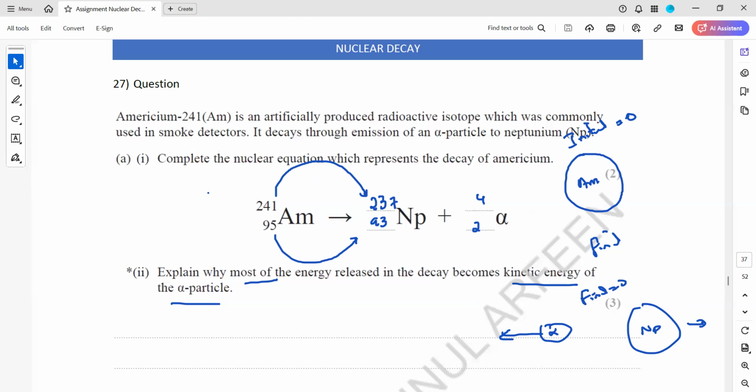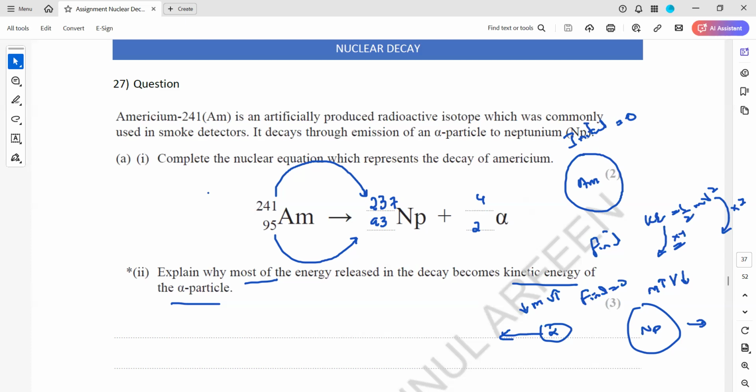Because the mass of neptunium is high, its speed will be less because the product should be the same, whereas the mass of the alpha particle is low, so it will move at a high speed. And the kinetic energy is half mv squared, so kinetic energy is proportional to the square of the velocity. If the velocity is doubled, the kinetic energy will be 4 times.